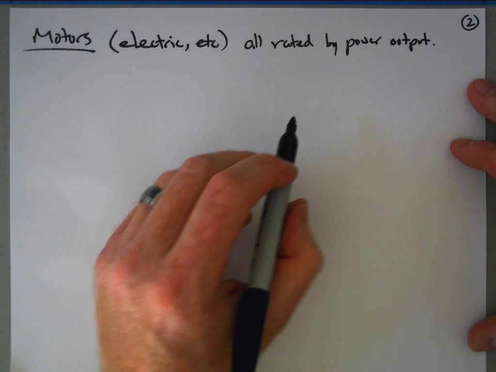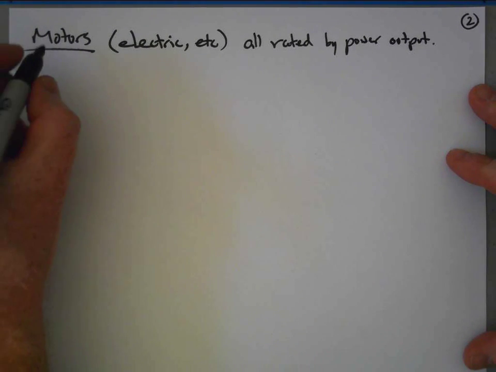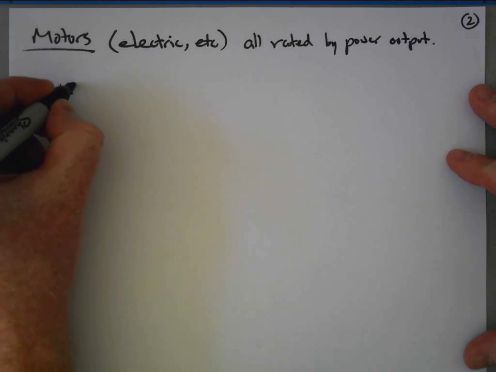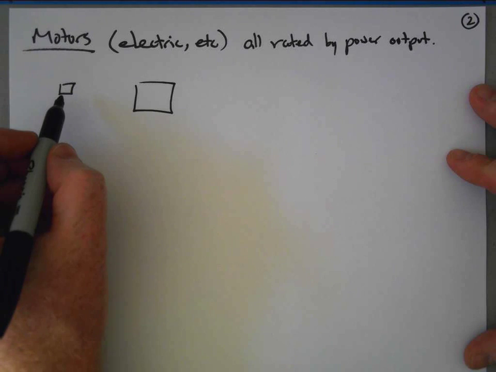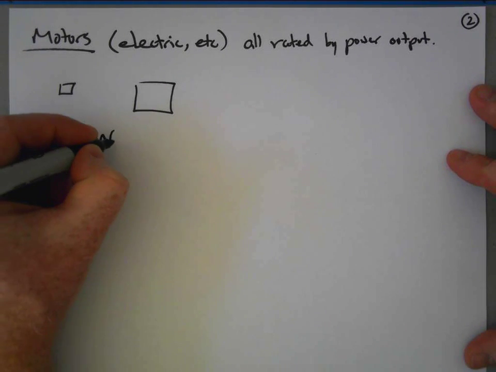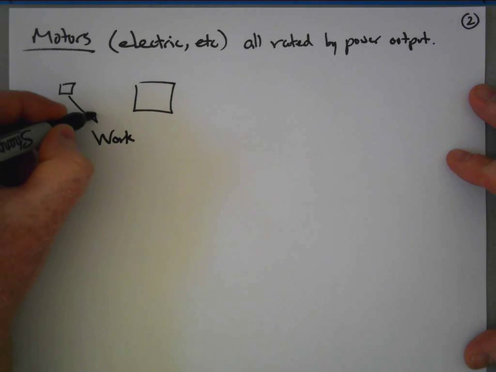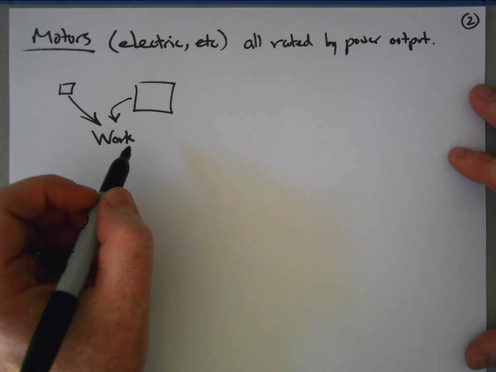Now, most motors can do a variety of tasks. What that means is you take a given motor, might be this big, or you take a motor that might be this big, and each motor might be able to do a similar amount of work. The little one can do that amount of work, the large one can do this amount of work. The difference will be how long it takes each one.